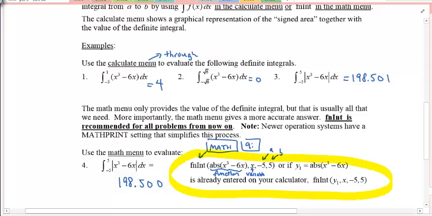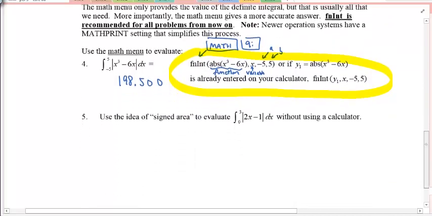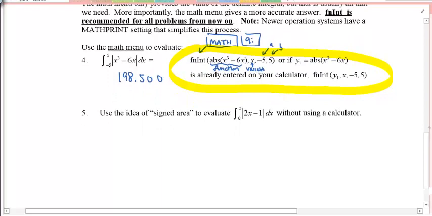Okay? Alright. Now, you know how to calculate these things with a calculator. What happens if you don't have a calculator? So let's use the idea of signed area to evaluate this integral. Notice in this particular example, this is the absolute value of 2x minus 1.